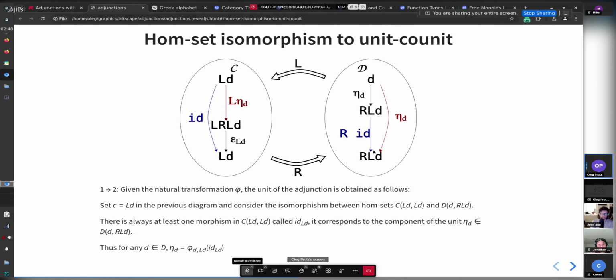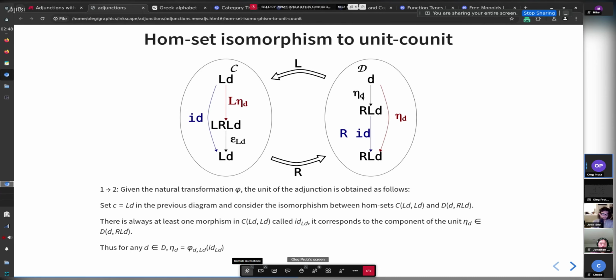And that's the reason I showed definition 2 to definition 1 first, because now you can see that this becomes ID, and this whole thing is equal to the component of the unit.